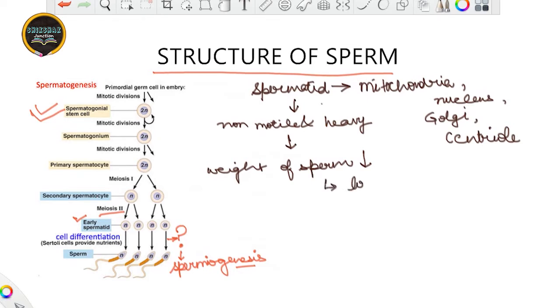Due to the development of the locomotory organs. And what are these locomotory organs or structures? That also we will talk about when we study the structure of these sperms. So this is how the development of locomotory organs reduces the weight of the sperm. This happens during the spermiogenesis process only. That is why this particular process is important.